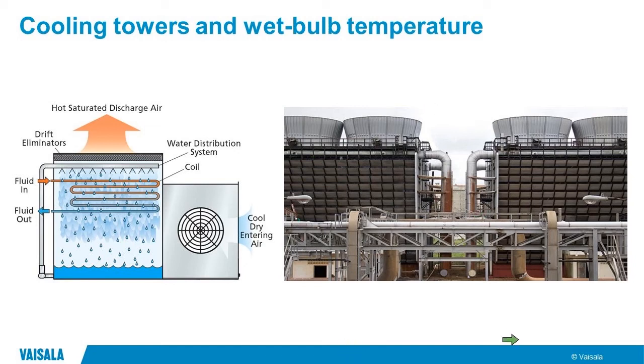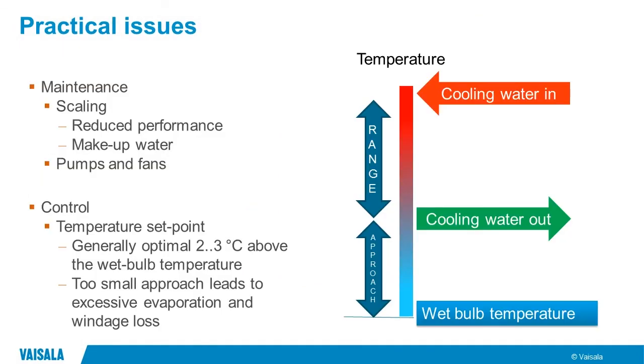And in the picture you can see an example of how a sizable set of cooling towers might look like in practice. So now, how does the wet bulb temperature affect your controls? Well, you have the cooling water, or cooling fluid that you are trying to cool down, which comes in at a certain temperature.